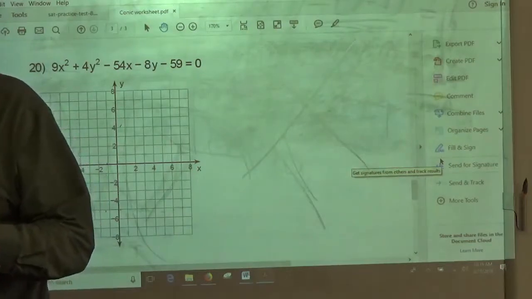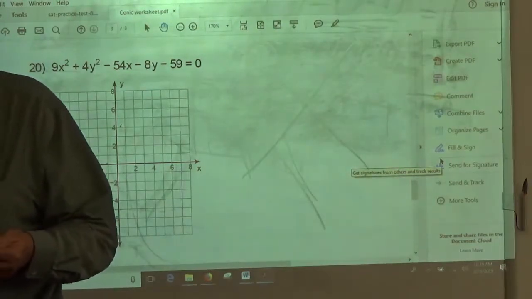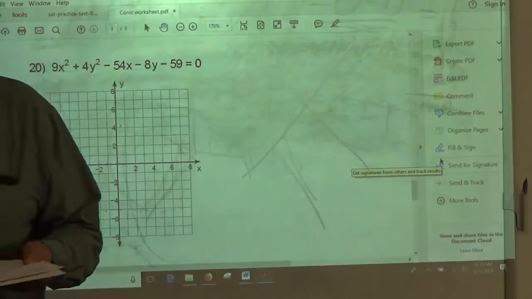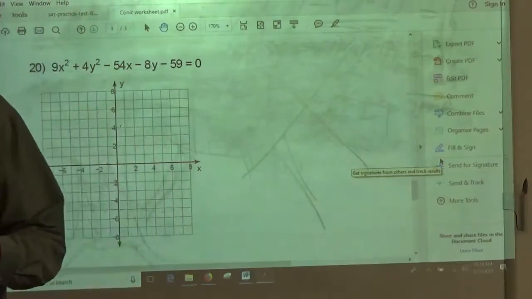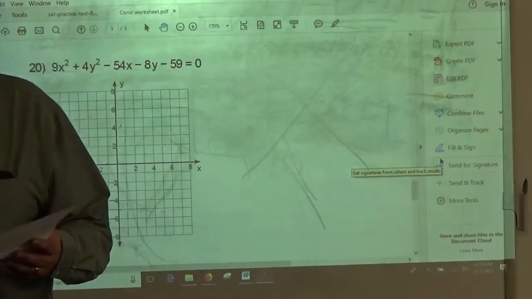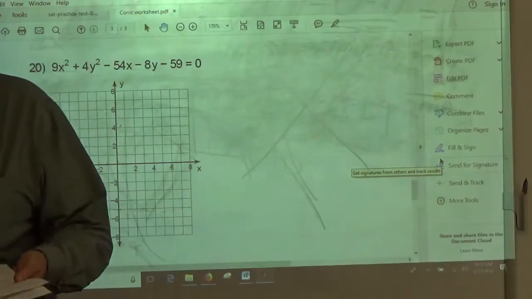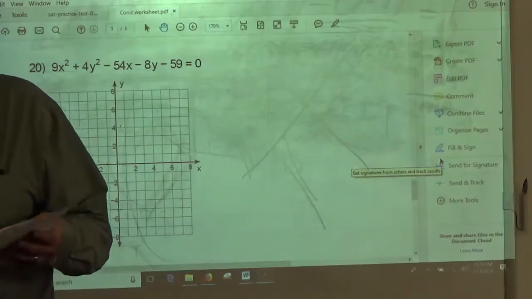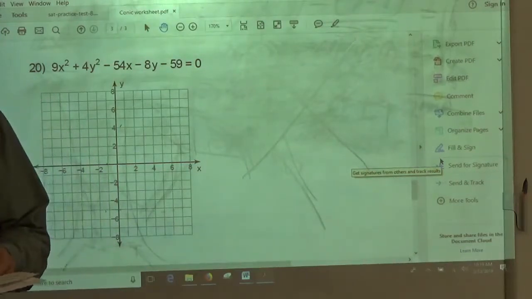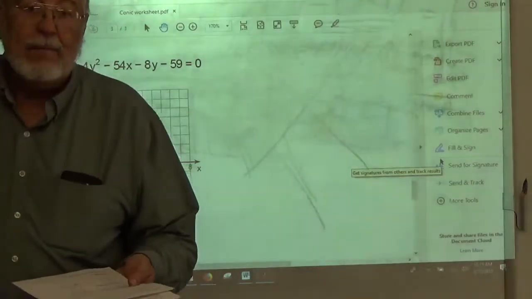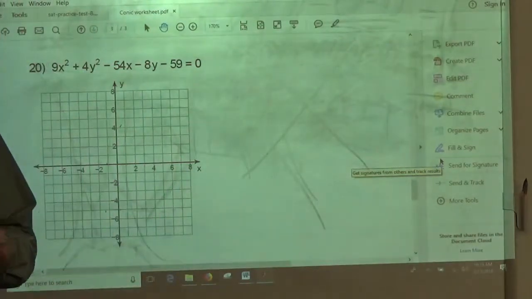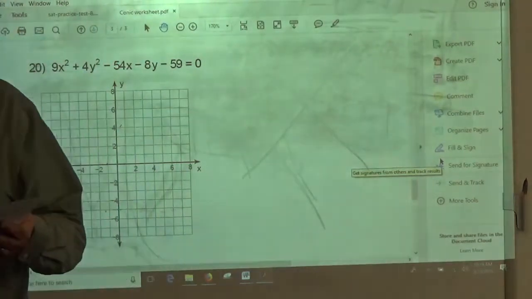Number 6, before you can square it, you got to move the x to the other side, and then check your answers, because sometimes when you square, you introduce a false answer. All right, and then number 7, in order to simplify, you have to multiply by the conjugate. So you're going to multiply by square root of 18 minus square root of 7, and then those square roots will cancel for the denominator.